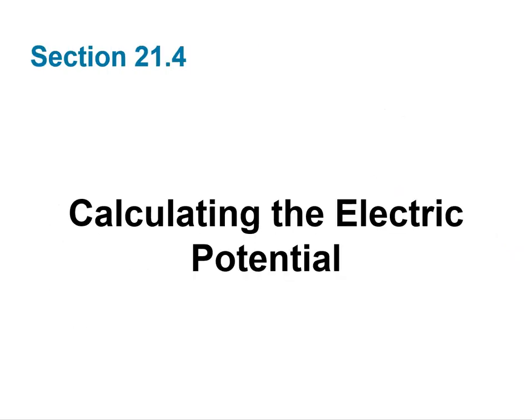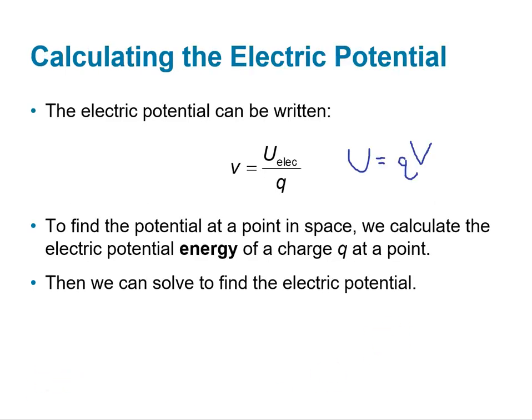All right, now we're going to learn how we can calculate the electric potential. In the last section, or a couple of sections ago, we learned that potential energy, U, electrical potential energy, is equal to charge times potential.